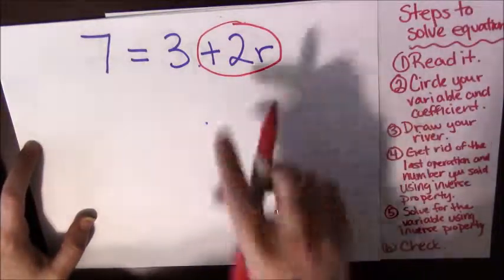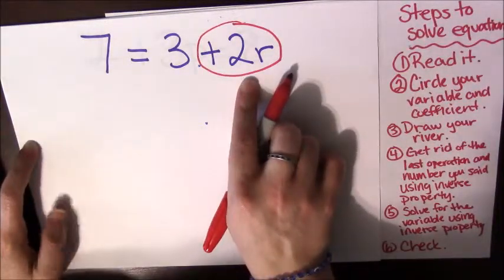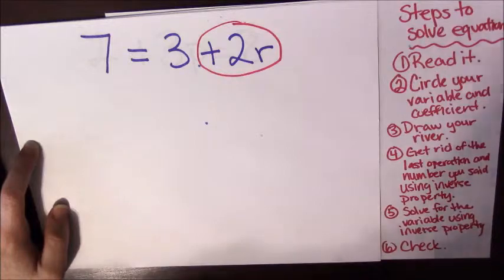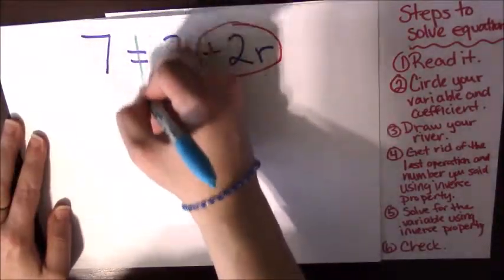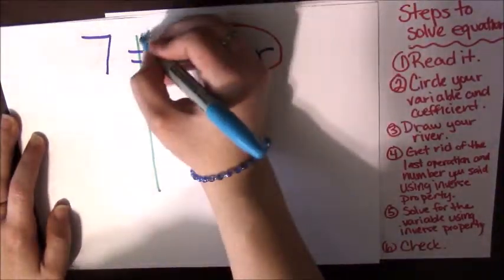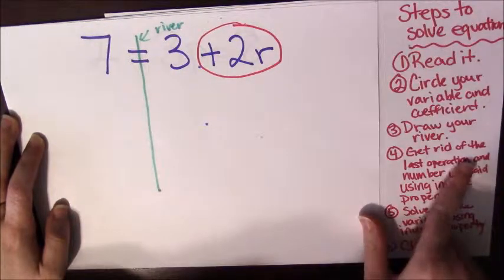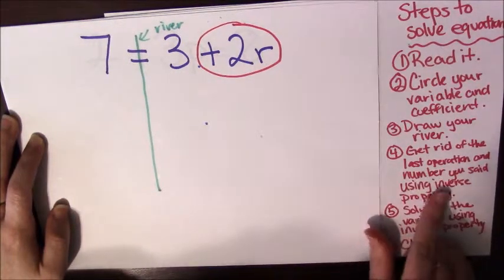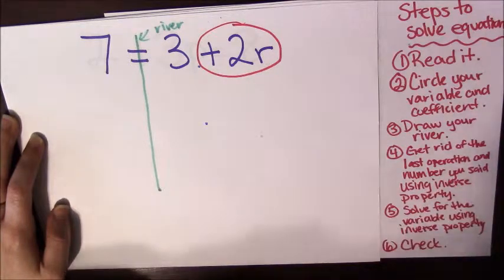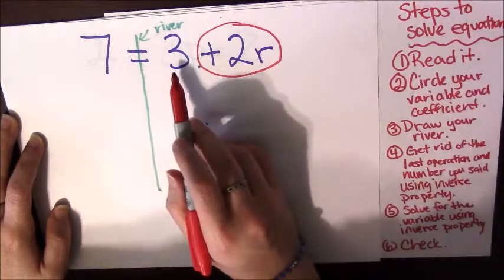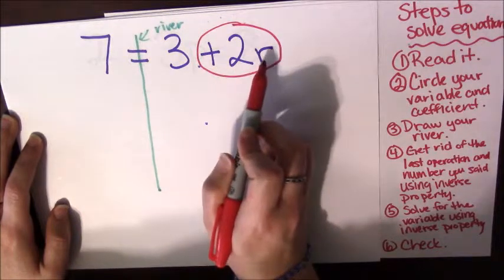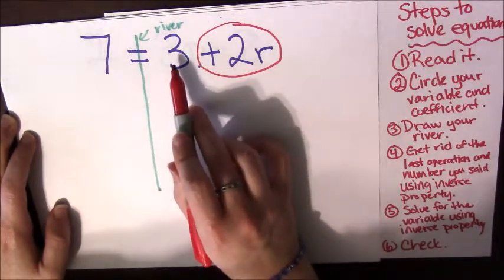So now I circle my variable and coefficient, and now I have to draw my river to separate the equations. Remember, this is my river to keep it equal. And then it says get rid of the operation and number you said using inverse property. Here, when I read this, I have 3 plus 2 times r. This is a little tricky because I have a 3 here.